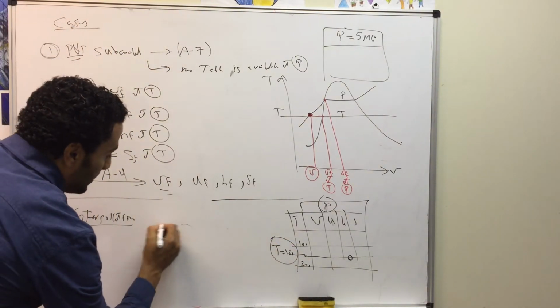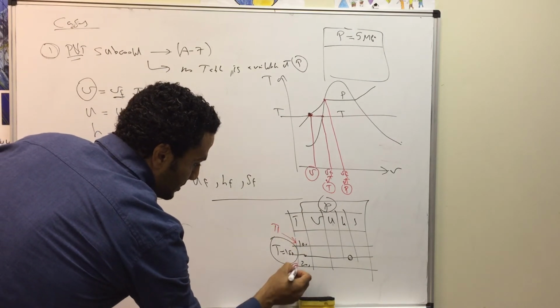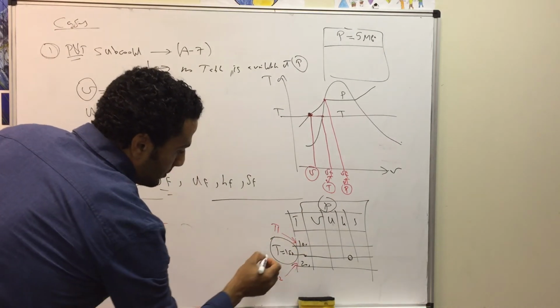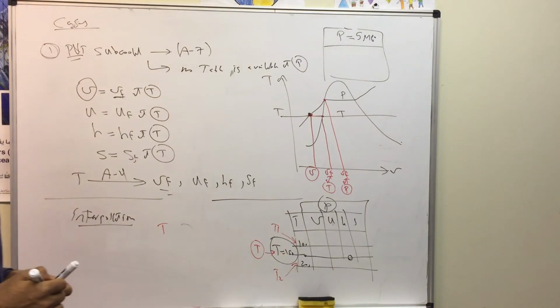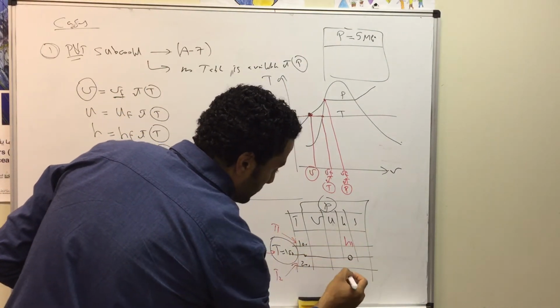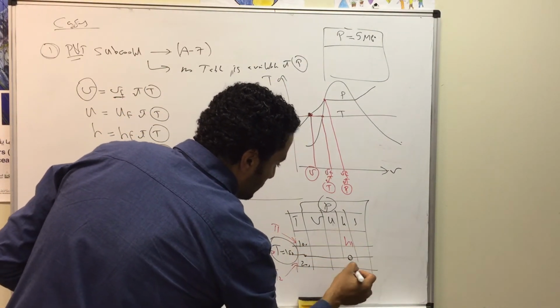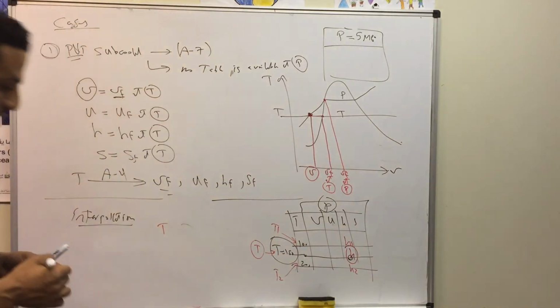So let's say in the table, this temperature, 100, is T1, and 200 is T2. And this temperature is T, which is 150. We need to calculate the properties at this temperature. At T1 we have the value H1, and at T2 we have enthalpy H2, and we need to calculate H in between.